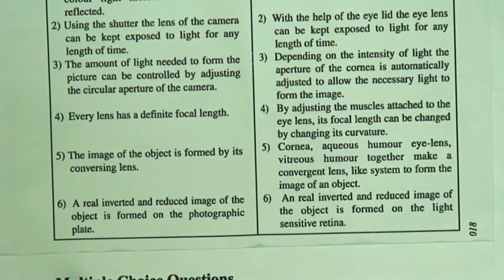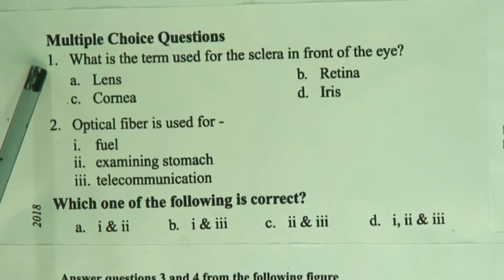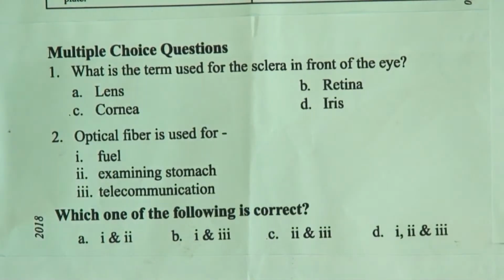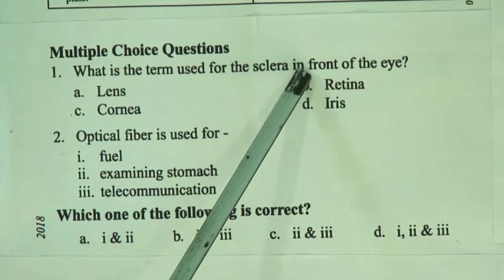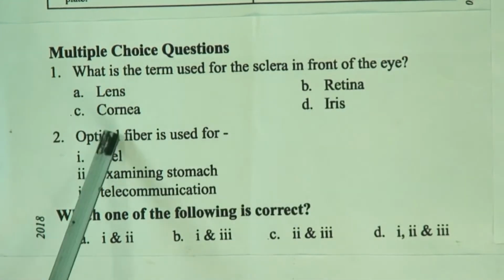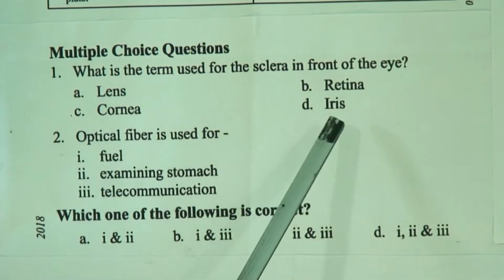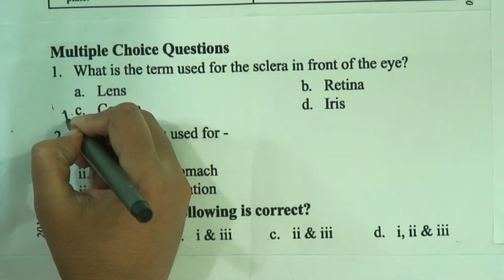Dear students, now we will solve multiple choice questions from this chapter's exercise. First question is, what is the term used for sclera in front of the eye? A. Lens, B. Retina, C. Cornea, D. Iris. Dear students, the answer will be cornea.